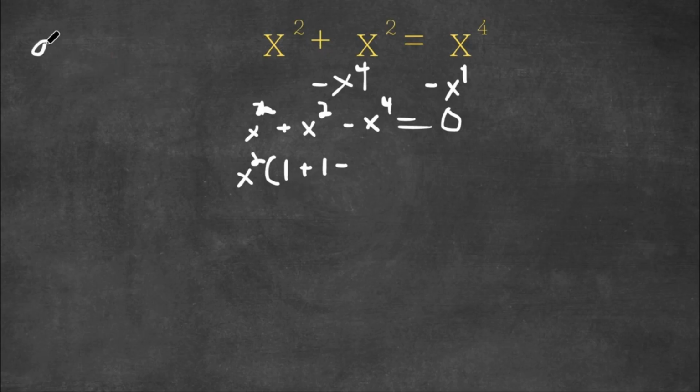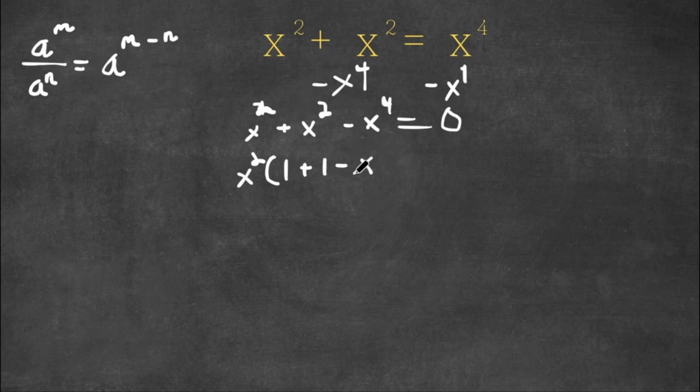Well, if we have something in the form a to the power of m over a to the power of n, this is equal to a to the power of m minus n. So x to the power of 4 over x to the power of 2, that's x to the power of 4 minus 2, and 4 minus 2 is 2.